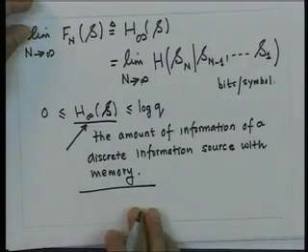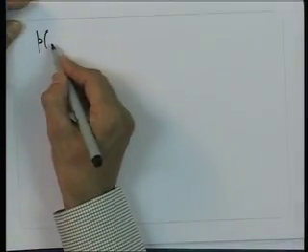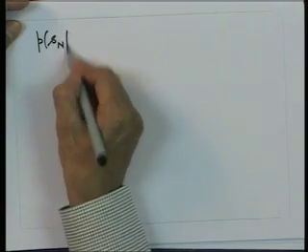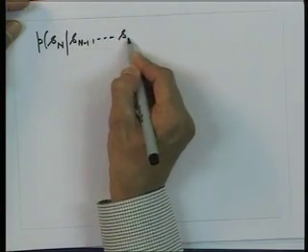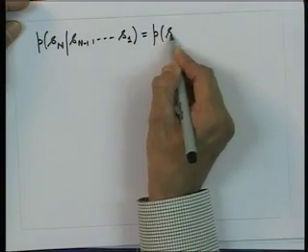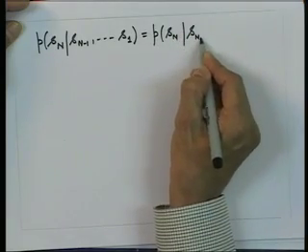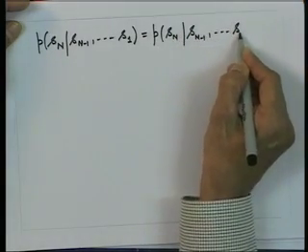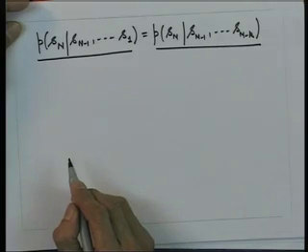This is very easy to appreciate because the probability of Sn given Sn minus 1 up to S1 will be equal to the probability of Sn given Sn minus 1 up to Sn minus k when the Markov source is of kth order.